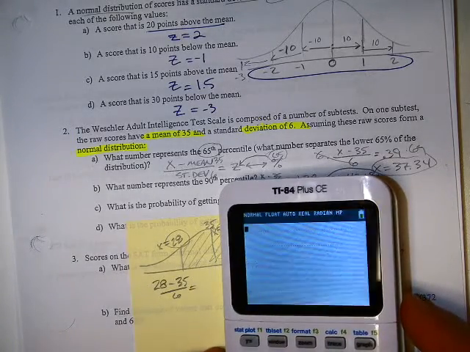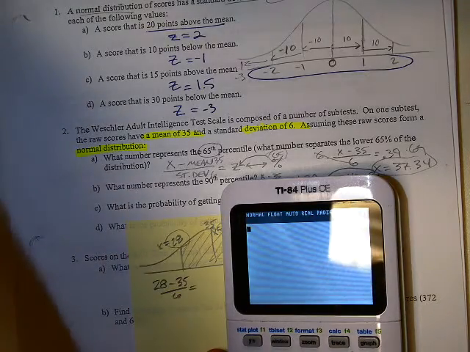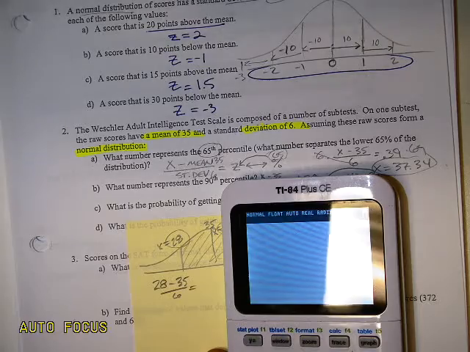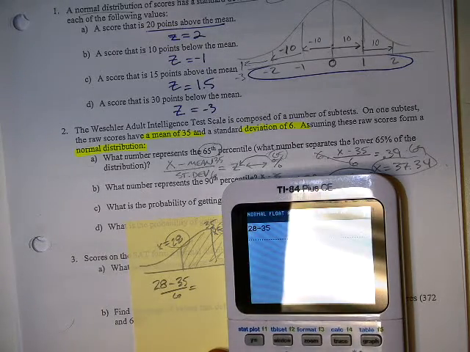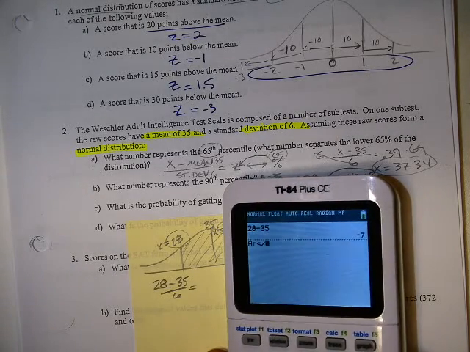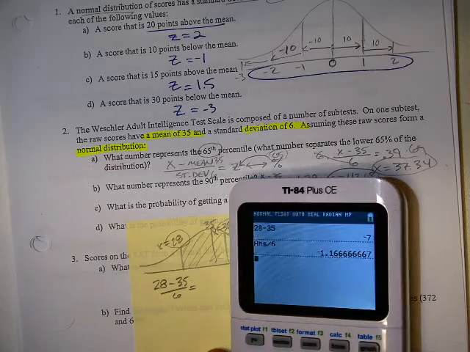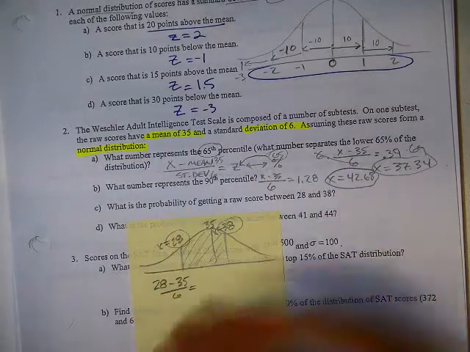You can make an order of operations error. So I'm going to take the 28 minus the 35, and then I like to hit enter so I don't have to put any parentheses in there, and then I'm going to divide by the 6. So I get a -1.6.